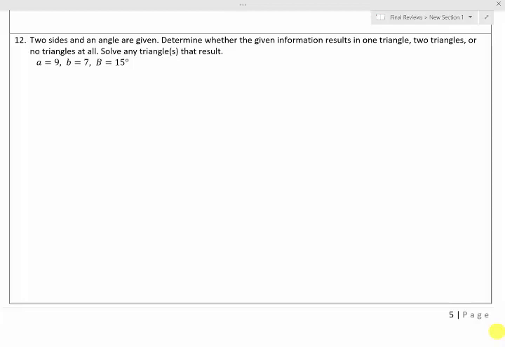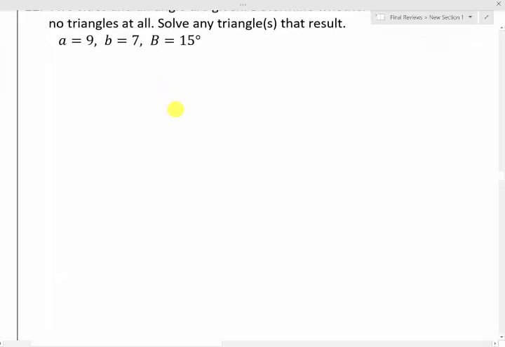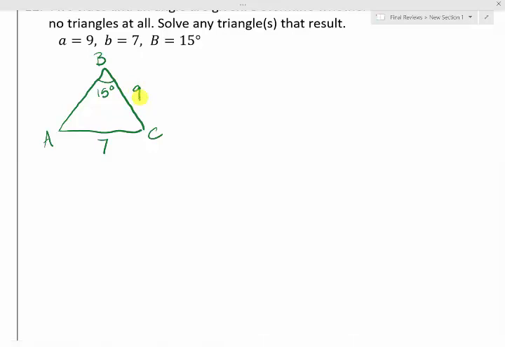Now me personally, I prefer to kind of draw things out so I can see what's going on. So I'm going to go ahead and do that here. So now we can see that we have an angle and a side across from it, and then another side floating around.